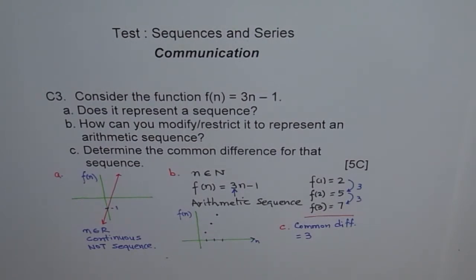Therefore, it will represent a line, a kind of scatter plot, where all the points will lie in a straight line. But you cannot connect them. Connecting them will be wrong. If you connect them, you are saying that n belongs to a set of real numbers. Remember, n is discrete. Thank you.